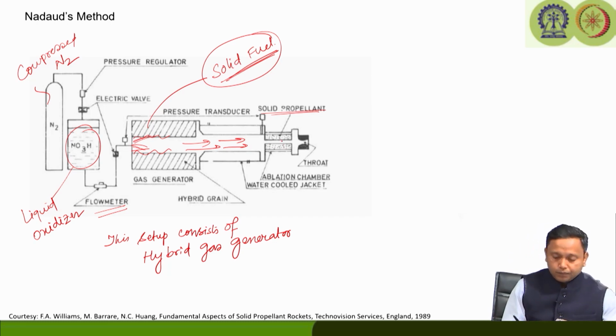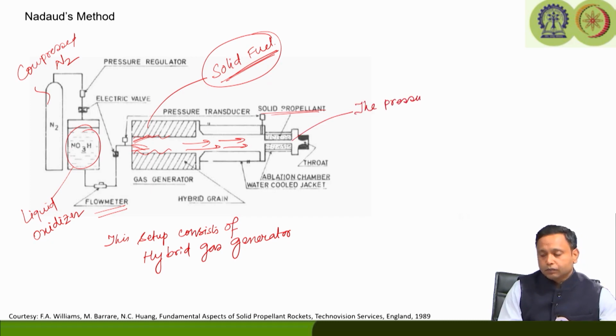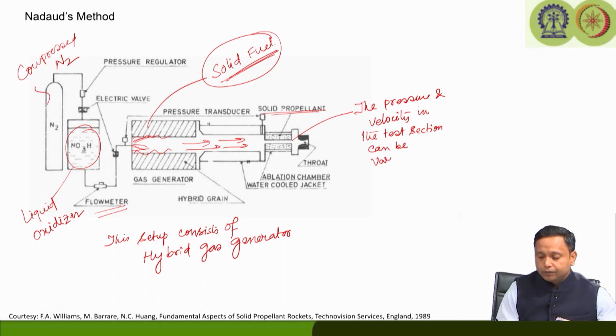Now, this setup allows a change in the nature of the combustion gas, because if you change the combination of solid fuel and oxidizer, this will change the nature of the gas. By choosing a suitable throat area, the pressure and velocity in the test section can be varied.